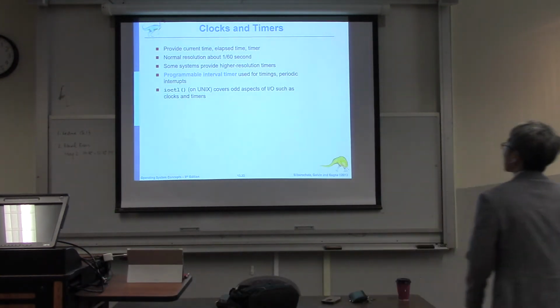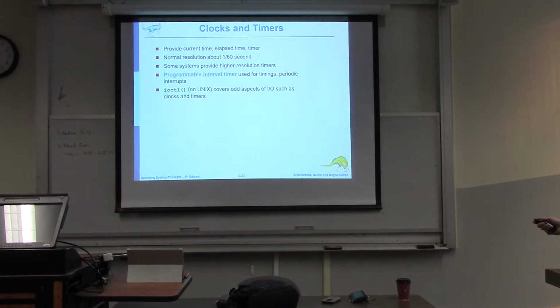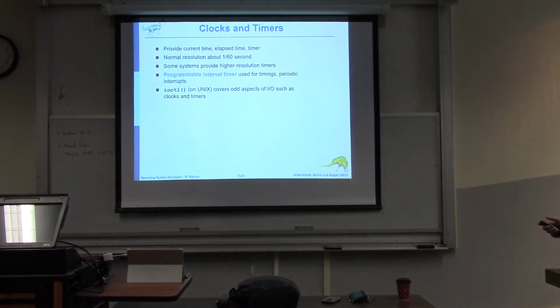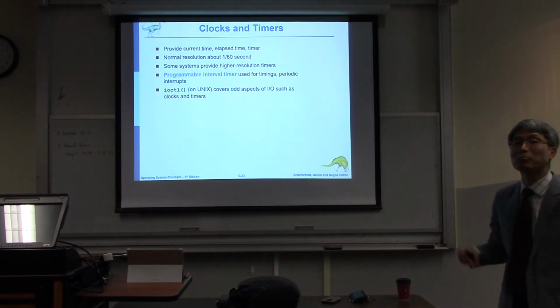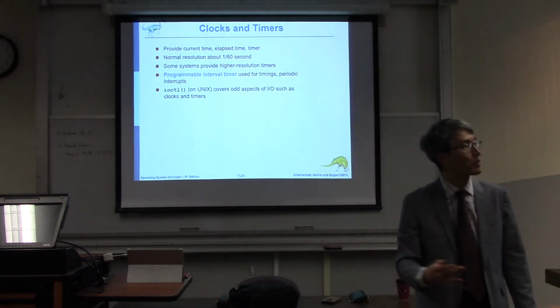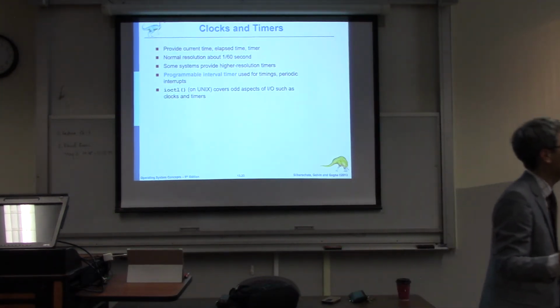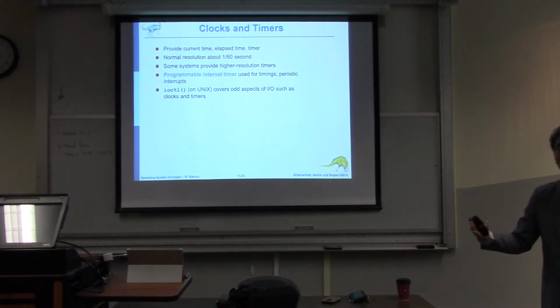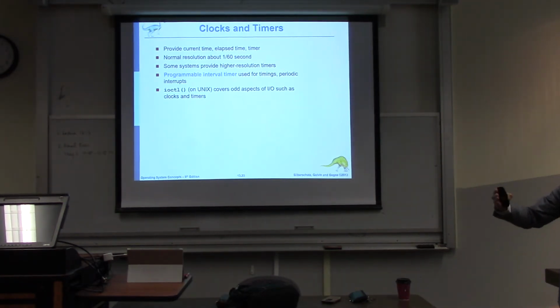So there is a specific I/O device in the computer. It's like the tic-tac, like every 1/60 second. Even though some applications provide millisecond, microsecond or nanosecond level, that is a logical division, a logical precision of the time.